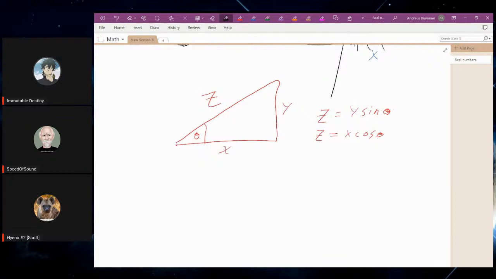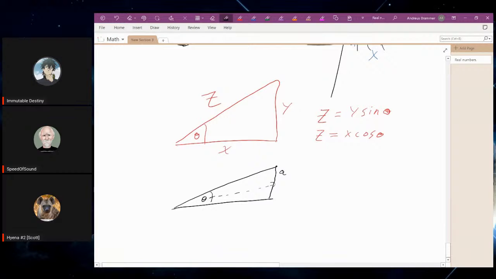Let me give the audience a little bit of an idea of what this is. So when we draw a triangle, and we have some angle theta, like say this is A, for instance, what we imagine is we draw a line from where theta is until we hit a wall here.